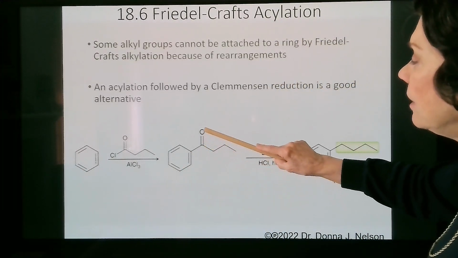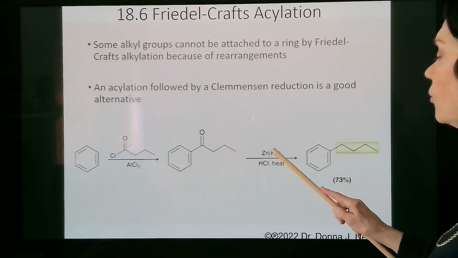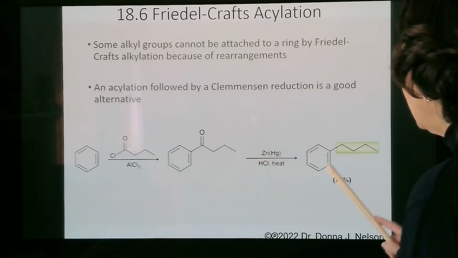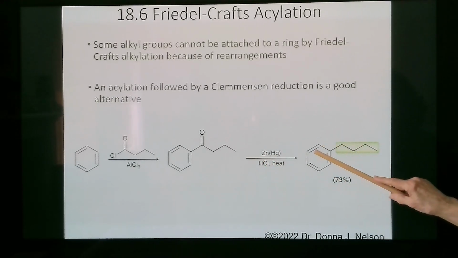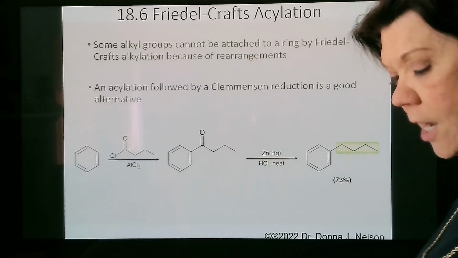This C double bond O can be replaced by CH2 using zinc and hydrochloric acid. And so now you can see that this is a great way to synthesize the product that has in it a primary alkyl group, and there's no rearrangement involved. And this actually gives higher yields than was observed in the other reaction that you saw in the first lecture for this chapter.